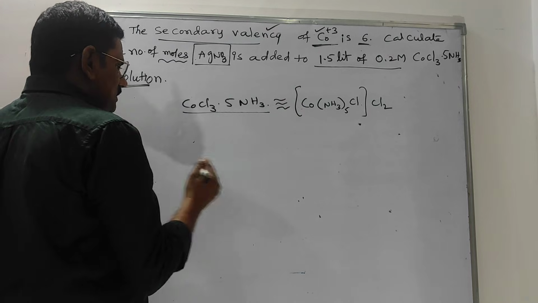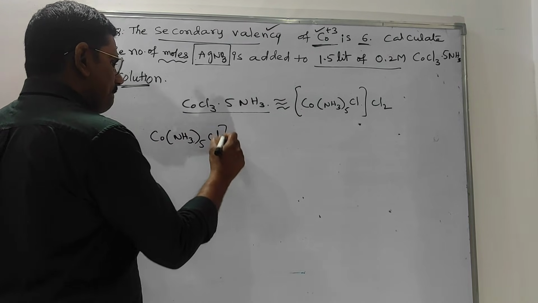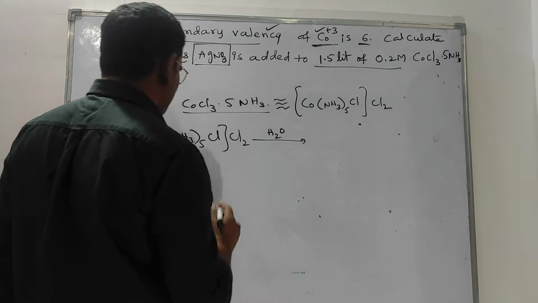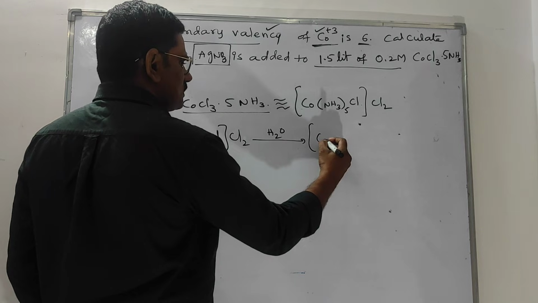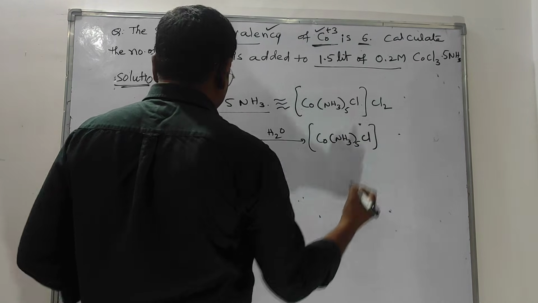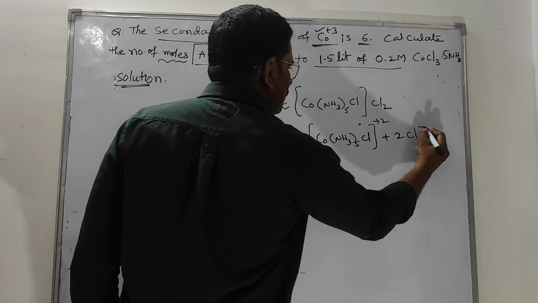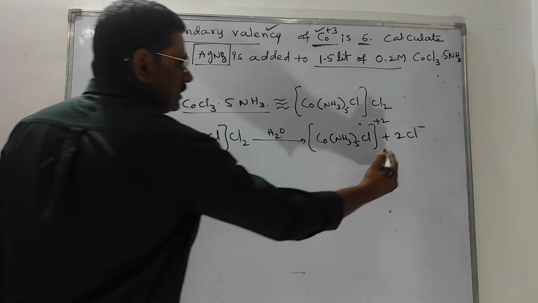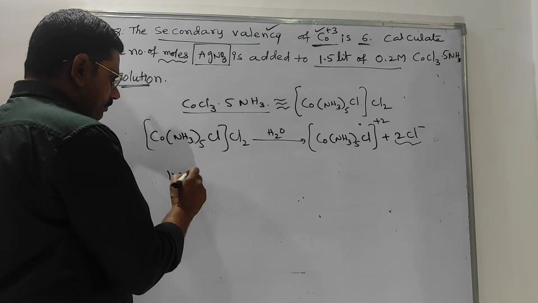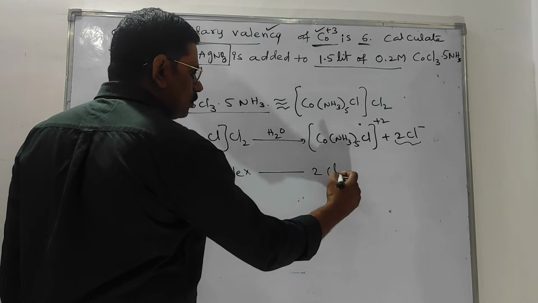Now when we dissolve it in water, how many ions does it produce? The coordination sphere is never ionized, and it gives plus 2 Cl minus ions. 1 mole of complex produces 2 chloride ions.